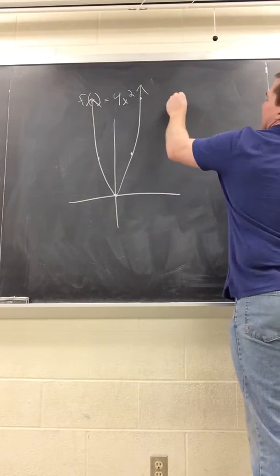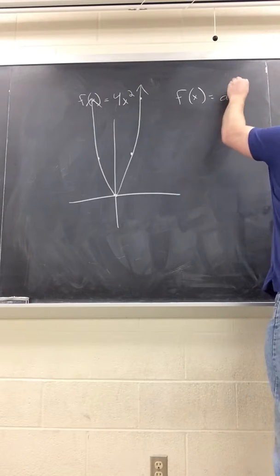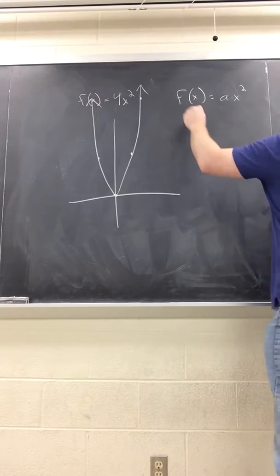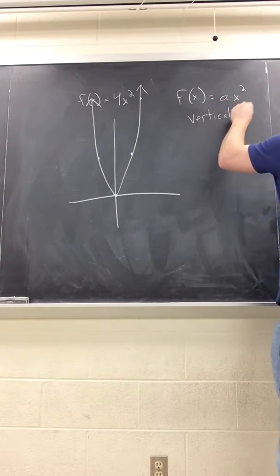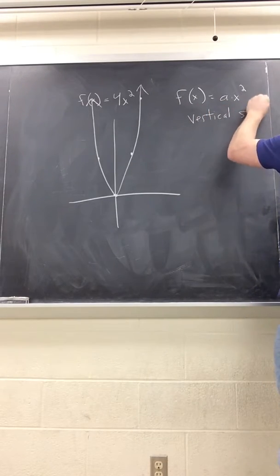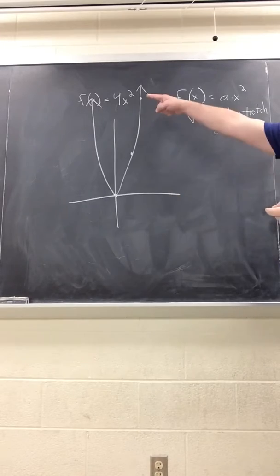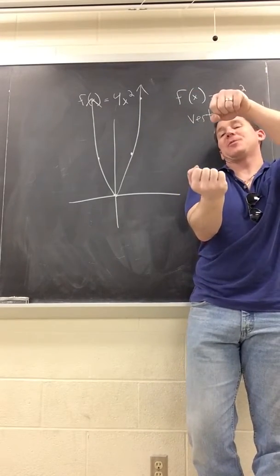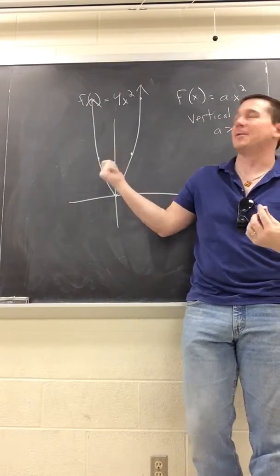Basically, if you have something that looks like f of x equals a times x squared, then that results in a vertical stretch if a is greater than 1. 4 is greater than 1, so it stretches it. And by vertical stretch, we mean literally, we took our original parabola and just stretched it out vertically, which makes it look thinner.